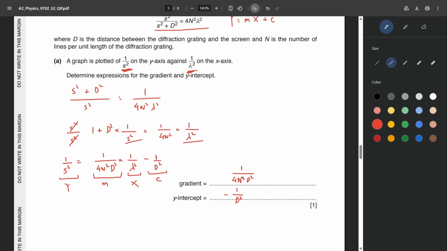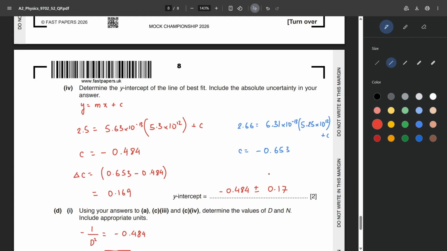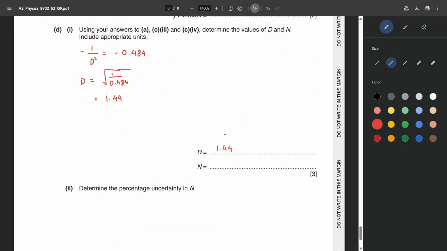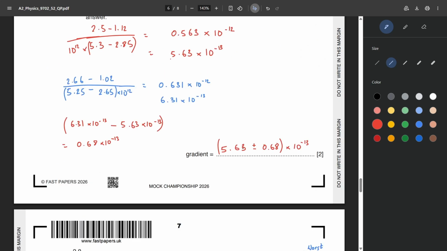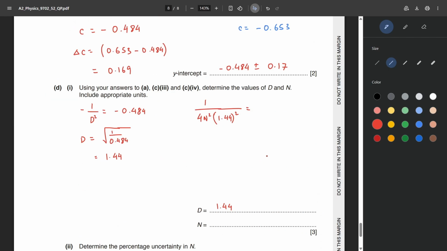And our gradient was 1 over 4n squared d squared. Since we already found the value of d, we can plug that in here. 1.44 squared is equal to the gradient. The value of gradient is 5.63 times 10 to the power of minus 13.